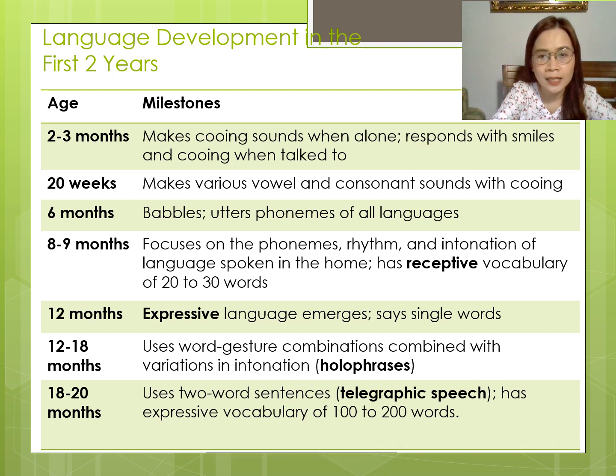And they already have receptive vocabulary of 20 to 30 words. Yan. Kaya nakakaintindi na sila. Though hindi pa sila nakakapagsalita, but they can already understand. Lumilingon na nga sila kapag tinatawag mo sila sa kanilang pangalan.